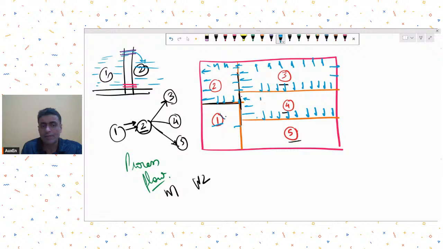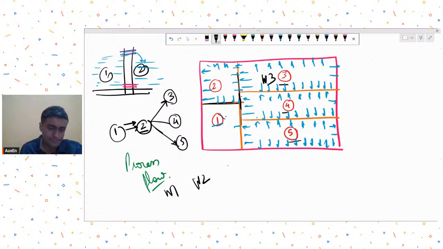When they act simultaneously, for example, the common wall between 3 and 4, or the common wall between 4 and 5, will it have any significant moments or shears in it? Tell me. If tanks 3, 4, and 5 are going to be filled simultaneously, will it have any pressures on the common wall? No, because the pressures on the common wall will get balanced out.